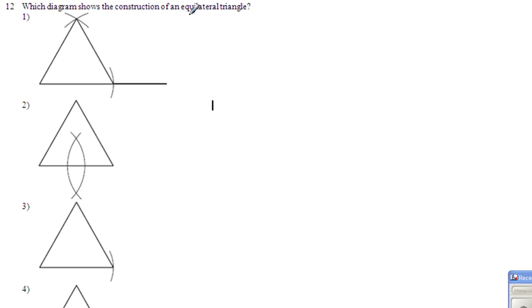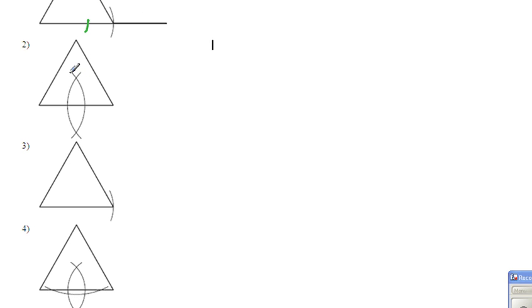Now number 4, equilateral triangle, that means all three sides are equal to each other. So when you look at this one, it looks like this must be equal to that one, because of the arcs that you can see. And then it seems that this one must be measured from here, so it looks like number 1 seems to be our answer. Now number 2, the only thing they're saying is that this line seems to be passing through, or simply perpendicular to, its base.